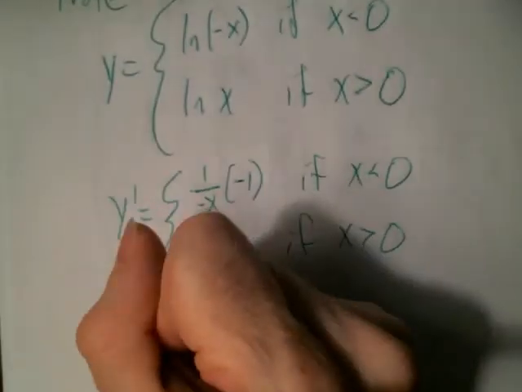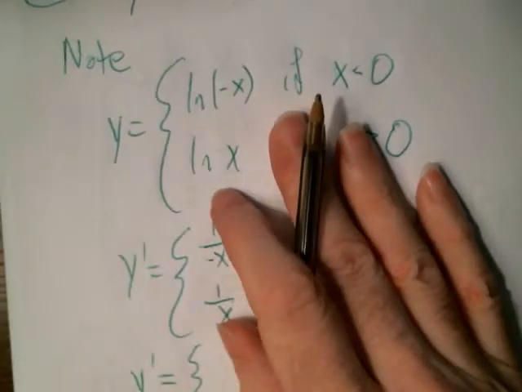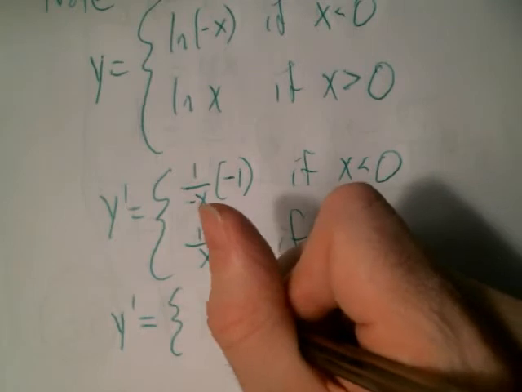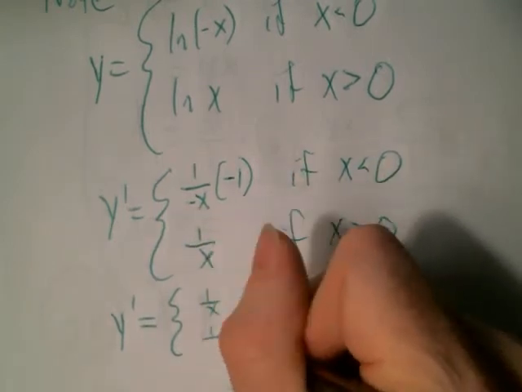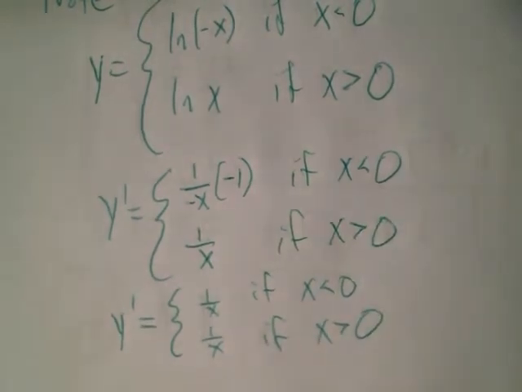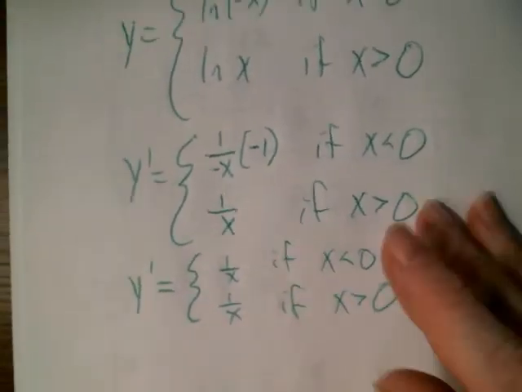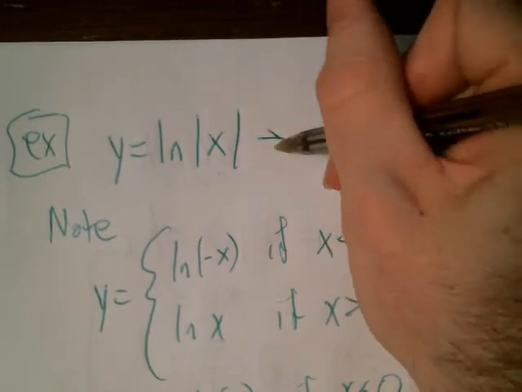Clean it up a little bit, and it seems that the absolute value doesn't really make much of a difference. So y prime is 1 over x if x is less than 0, and 1 over x if x is greater than 0. Right? So if you're given an absolute value, you can kind of disregard it.